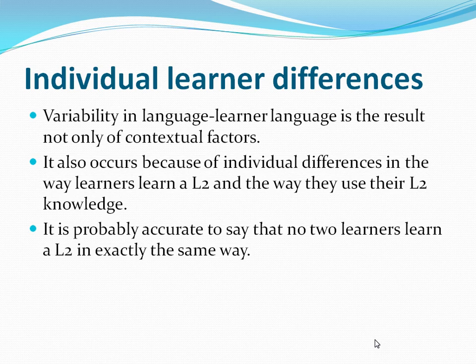You are getting the same data from the same teacher. You are watching the same movie, that is the linguistic data, but you are accepting the language data not in the same percentage. That might vary from learner to learner. Why does such variation occur?